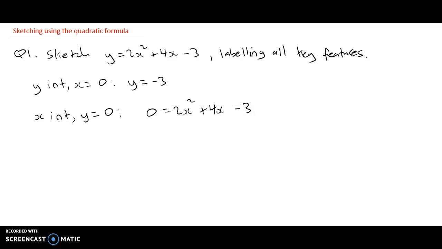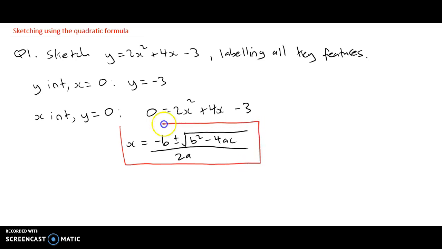Now this is where the quadratic formula comes in. We can solve for x by using the formula x equals minus b plus minus the square root of b squared minus 4ac over 2a. Hopefully that rings a bell from when we looked at it in the quadratics topic. So it'll be helpful for you to recall that the general form of a parabola is y equals ax squared plus bx plus c.